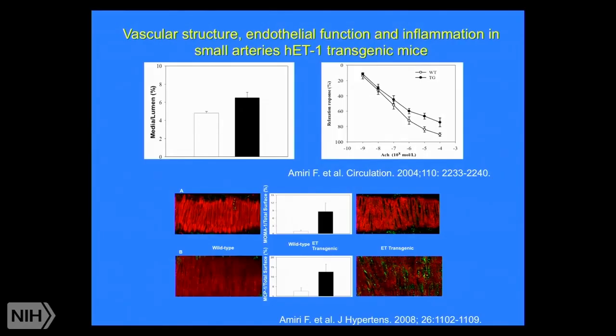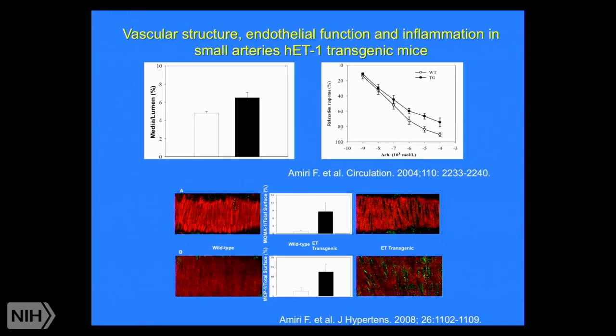We have an endothelin overproducing mouse that overexpresses human endothelin in the endothelium, and it is associated with small artery hypertrophic remodeling, endothelial dysfunction, and inflammation in the vascular wall.